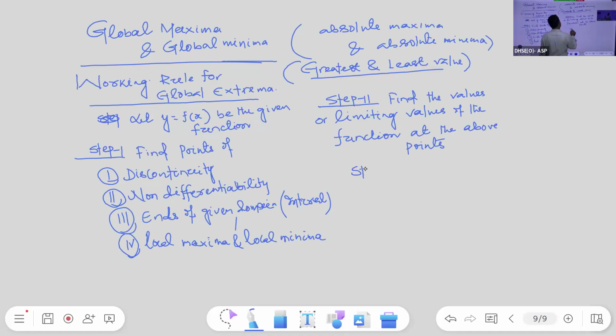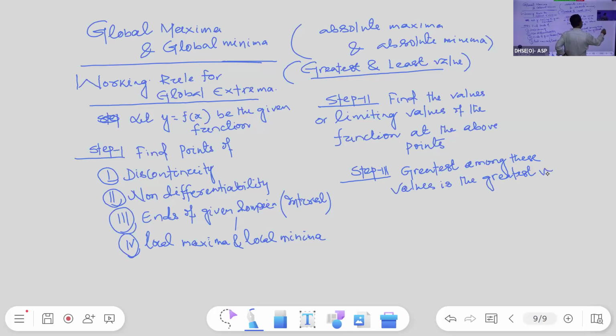Step 3. The greatest among these values is the greatest value of the function, or global maximum.